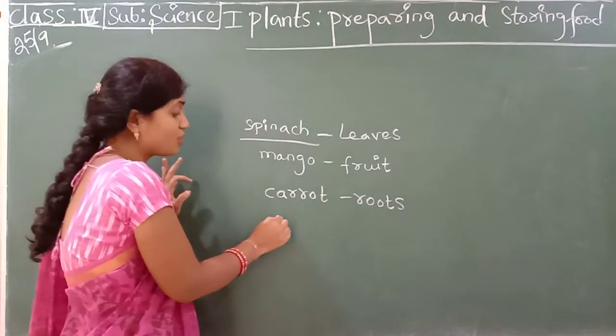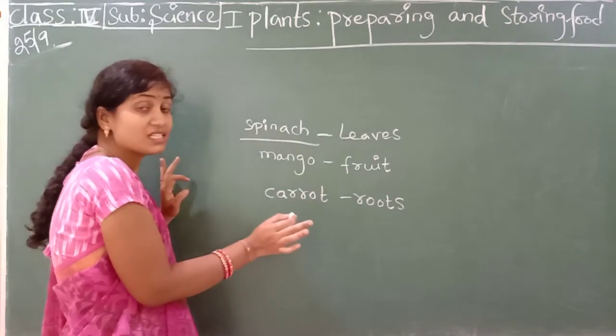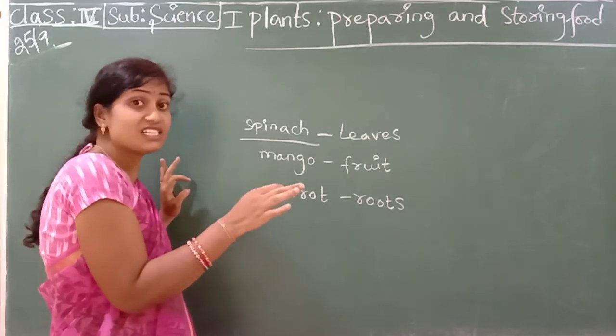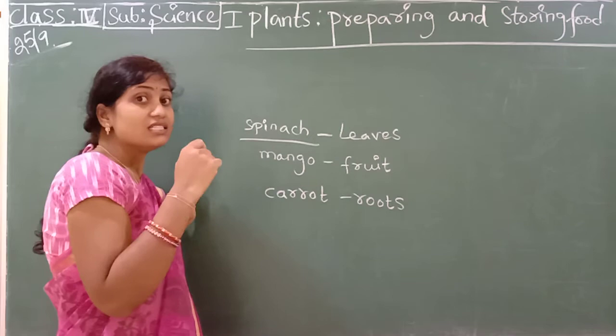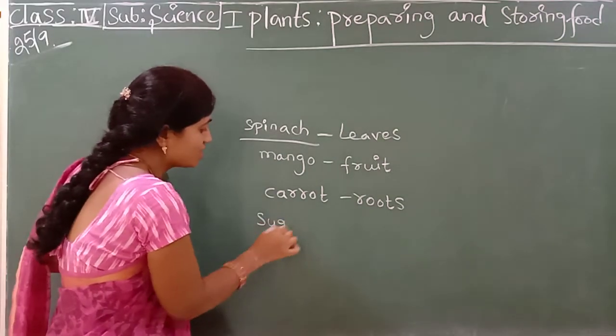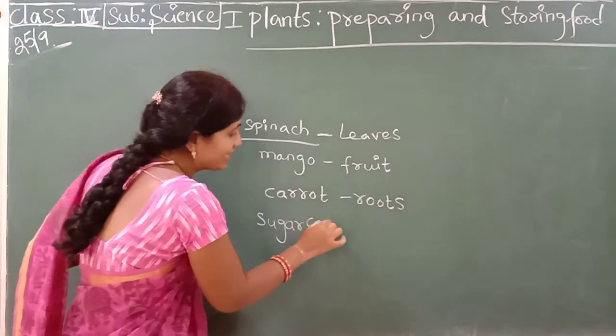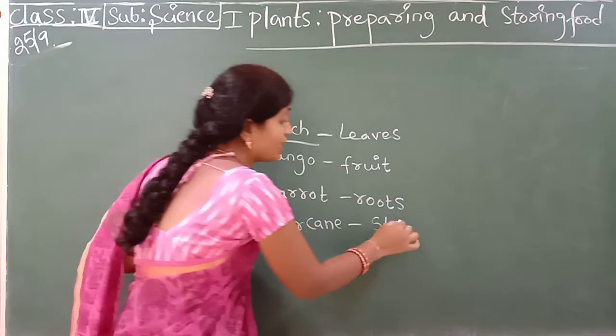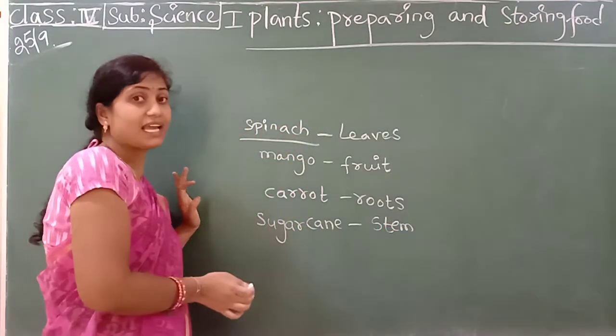Next, stem. What is an example of a stem? Do you know, children? Guess. In villages mostly, they eat the stem. Sugar cane. Yes, sugar cane. Sugar cane is a stem, and the food is stored in that stem only.